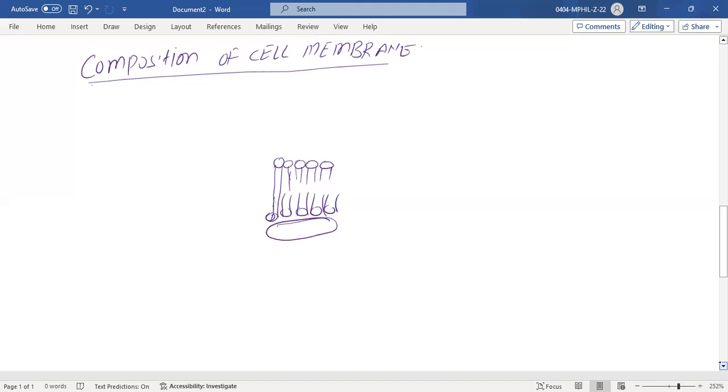And there was another protein that I have shown previously as well. So this is also arranged here. Again, you have the phospholipid continuous layer like this.